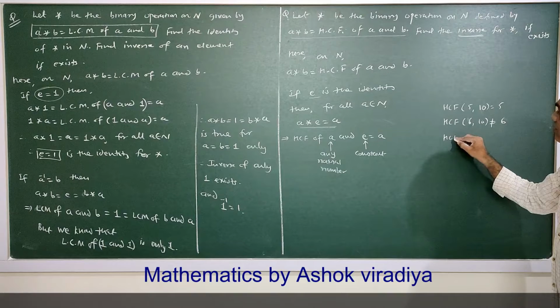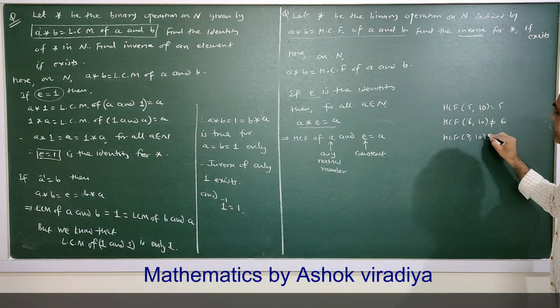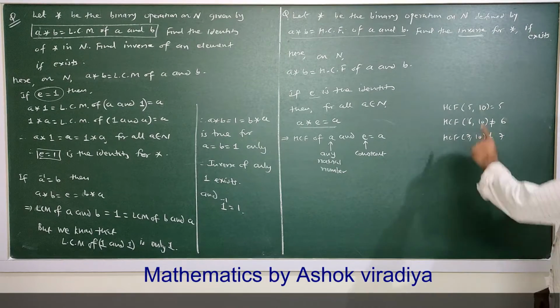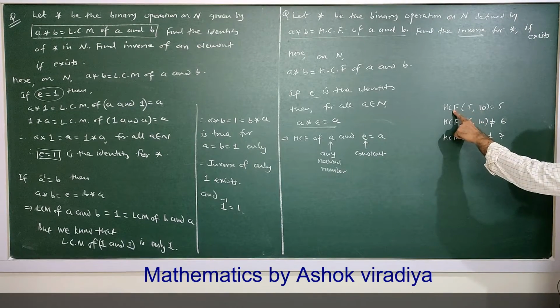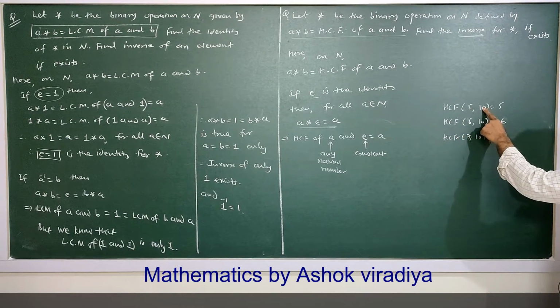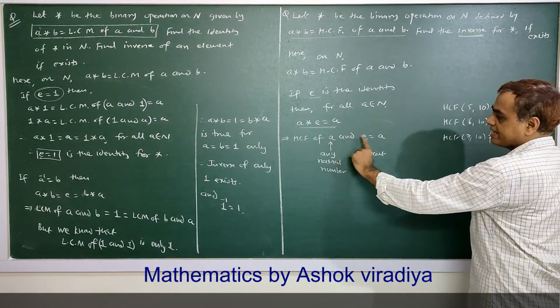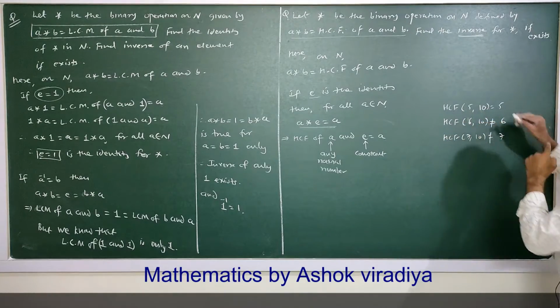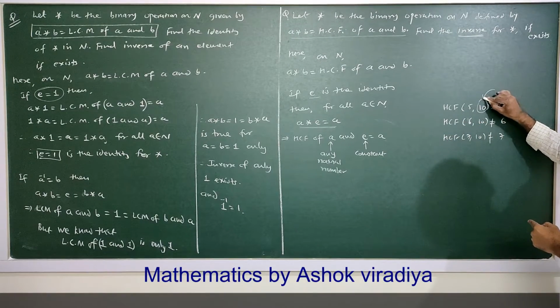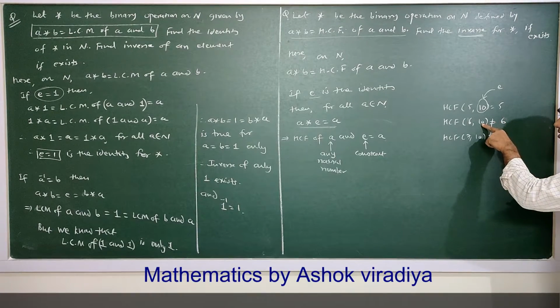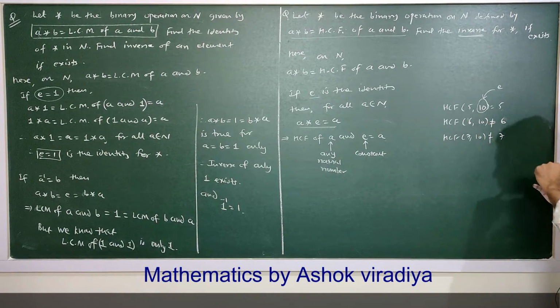HCF of 7 and 10 is not 7. Here you can see that HCF of A and 10 is A for A equal to 5. So if you want to take this number as E, then taking the same value here, the statement is not true.